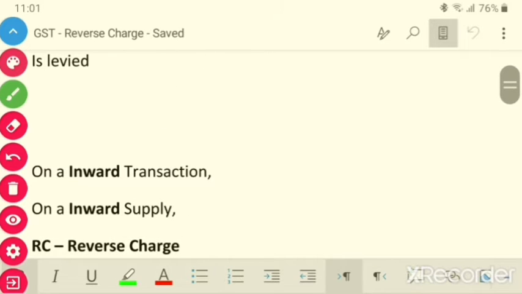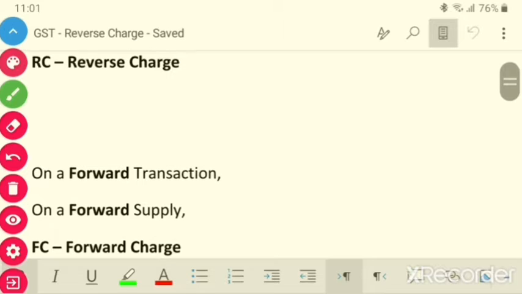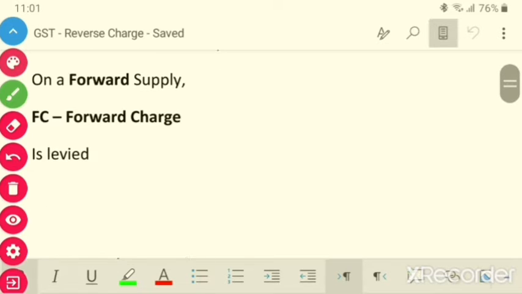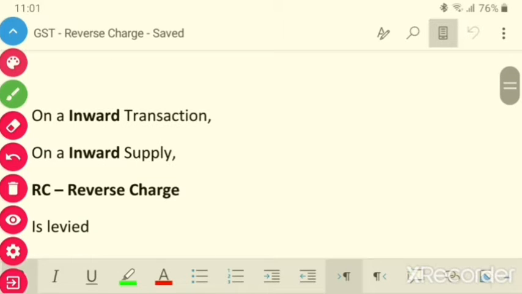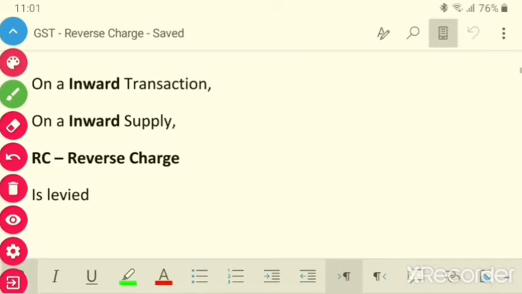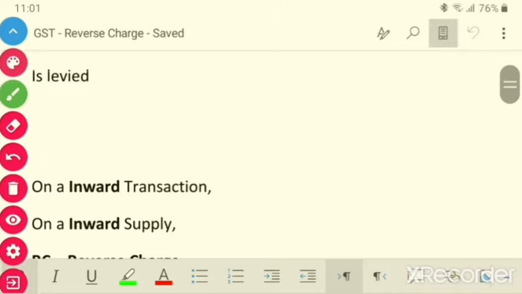Now, forward charge is applicable on what? On a forward transaction, whereas reverse charge is applicable on inward transaction, inward supply of goods and services.